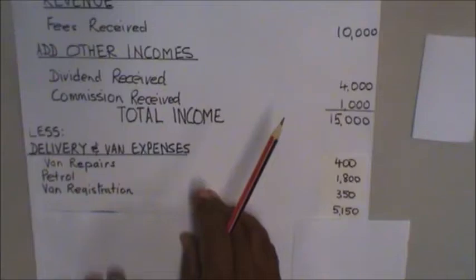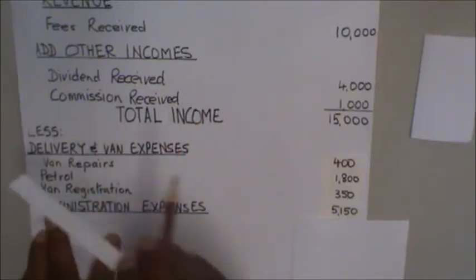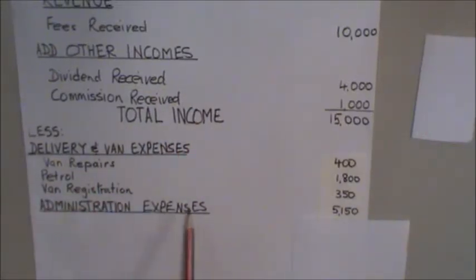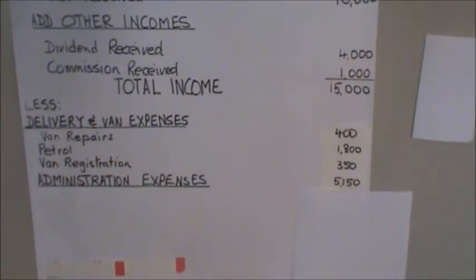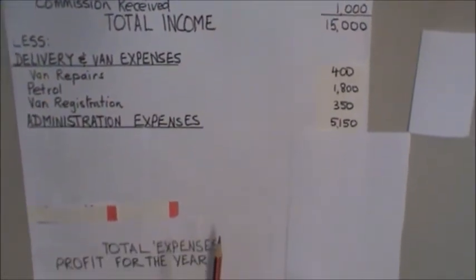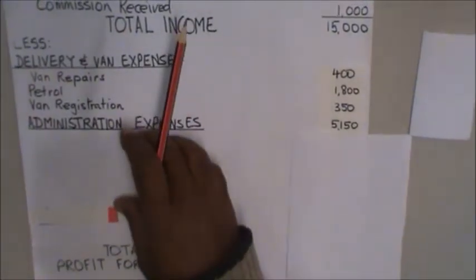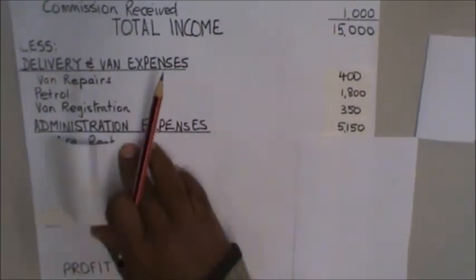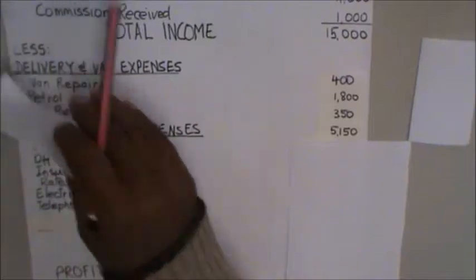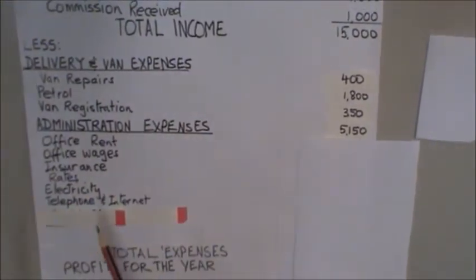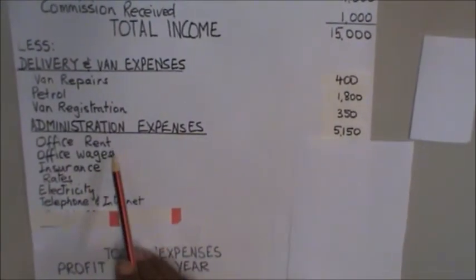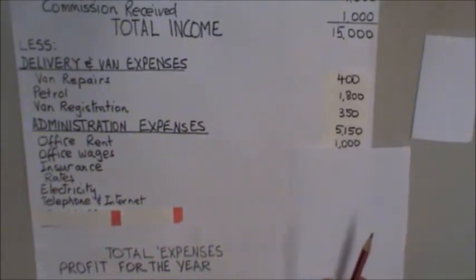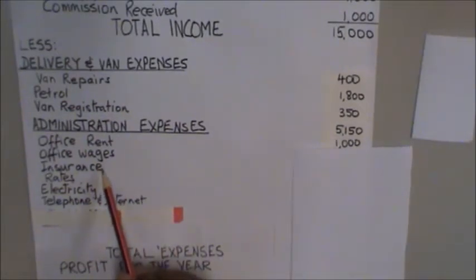The next group is administration expense, and under administration expenses, let's say we have the following expenses. We have office rent, office wages, insurance, rates, electricity, telephone, internet.